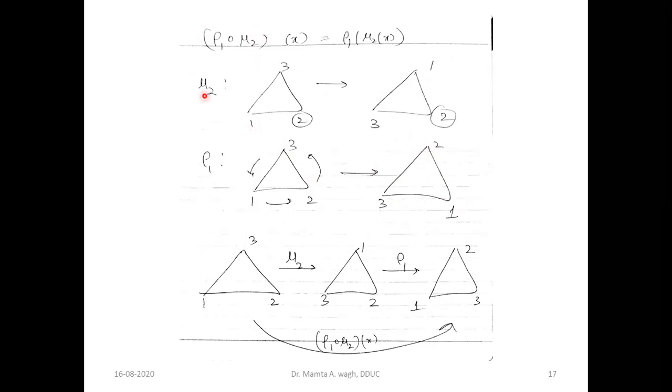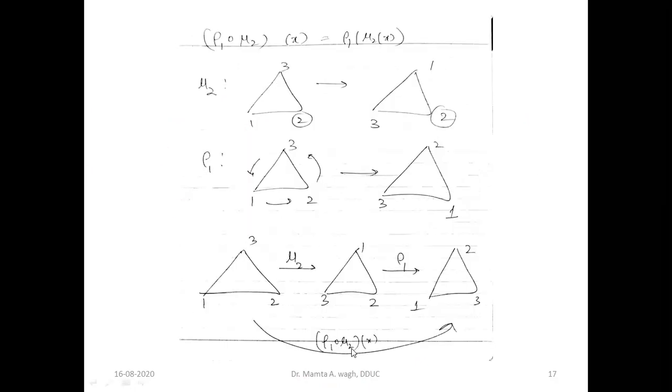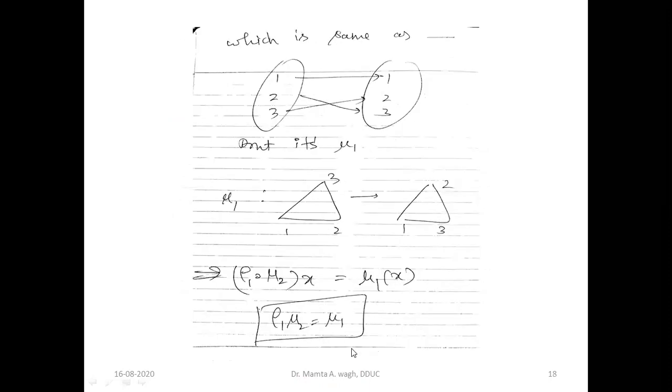So rho 1 composite mu2 is giving you this, which is the same as 1 going to 1, 2 going to 3, and 3 going to 2. So what is this? This is your mu1. That means rho 1 composite mu2 is equal to mu1.